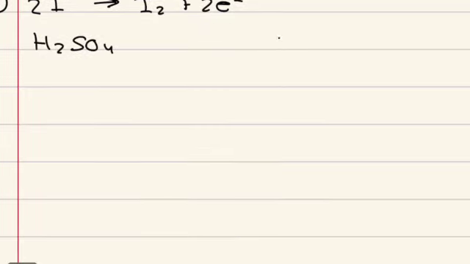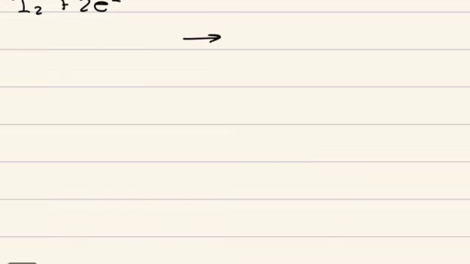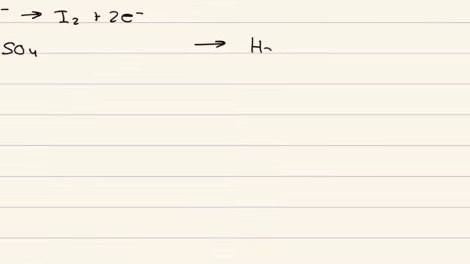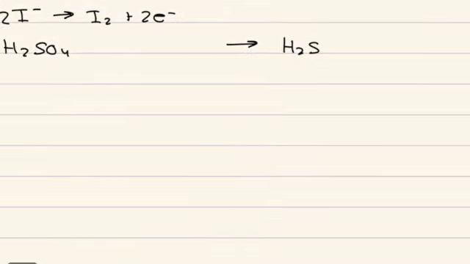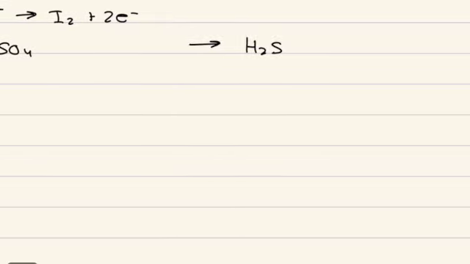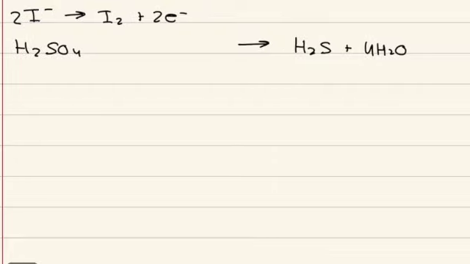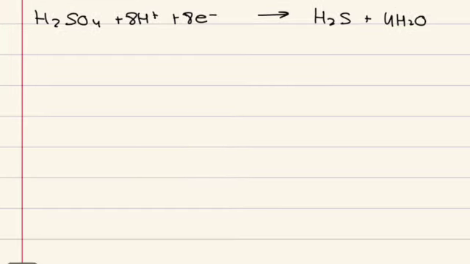We know that our third and final product is hydrogen sulfide. We're going to balance out the oxygens by putting a 4H2O here. We're going to balance out the hydrogens because we have 10 over here and 2 over here by adding 8H plus. Balance out the charge of plus 8 by adding 8e minus, so we have 0 over here and 0 over here.